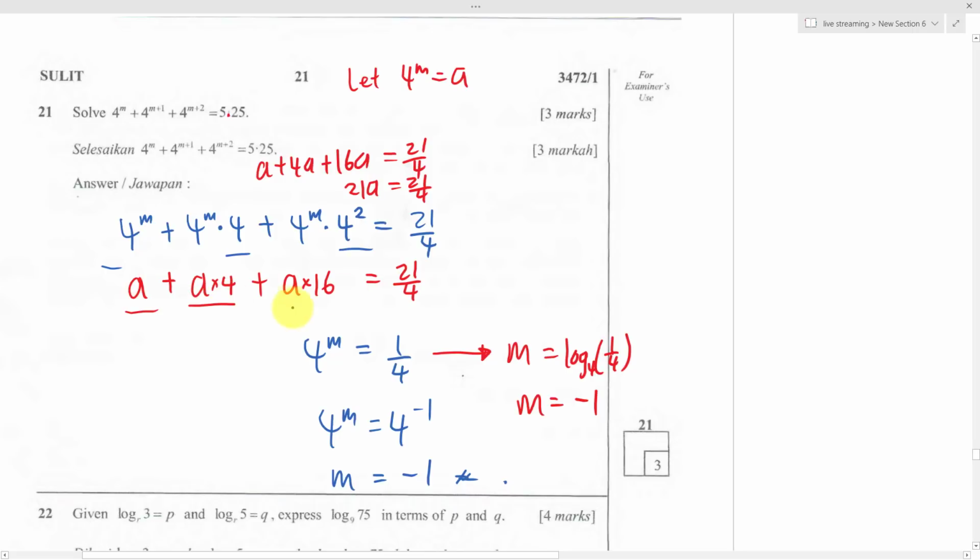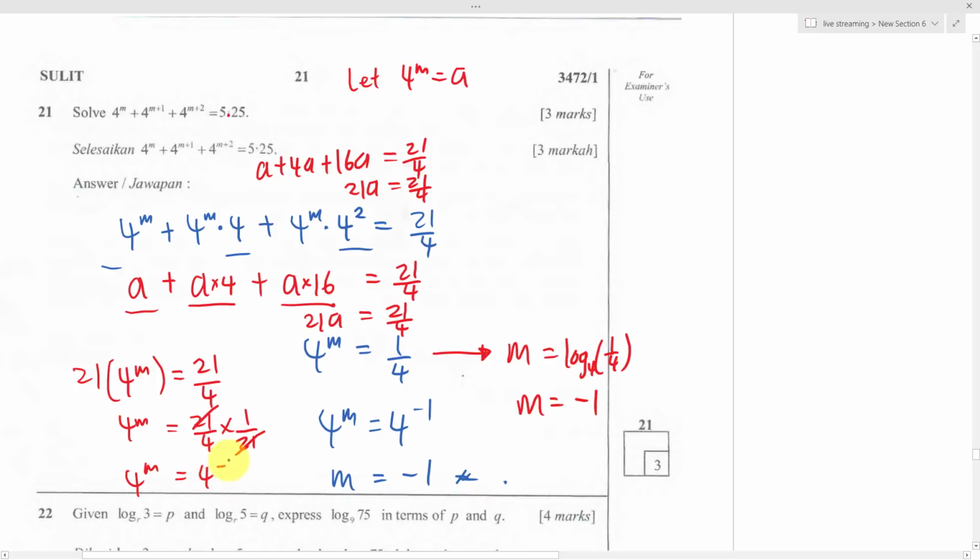Then a plus 4a plus 16a is 21a, isn't it? Equals 21 over 4. So 21a is 21 times 4 power of m, equals 21 over 4. Then I divide by 21, multiply by 1 over 21, I simplify, I get 1 over 4. So 4 power of m equals 4 power of negative 1. Then m equals negative 1.